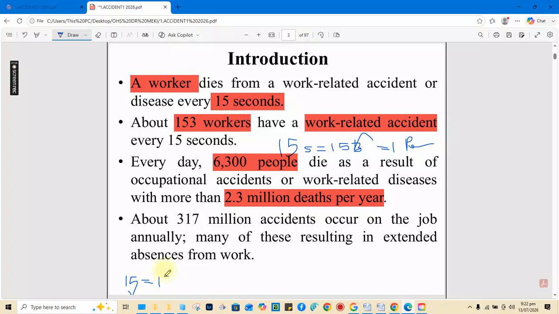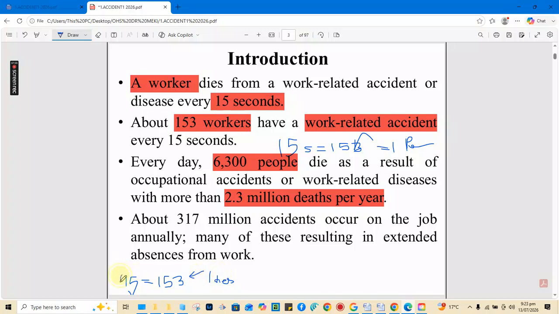It is 153. Amongst these 153, how many people die? One person dies out of 153.